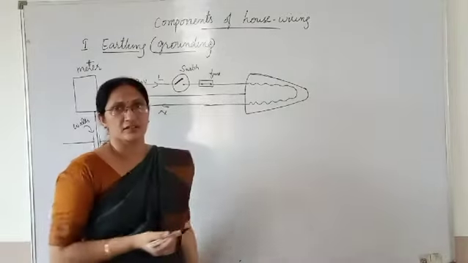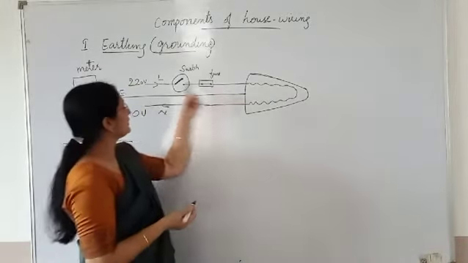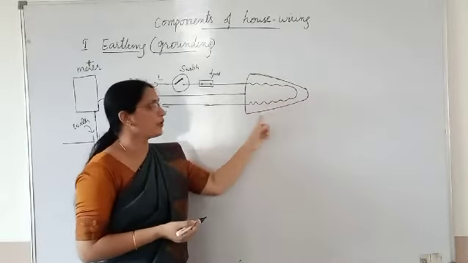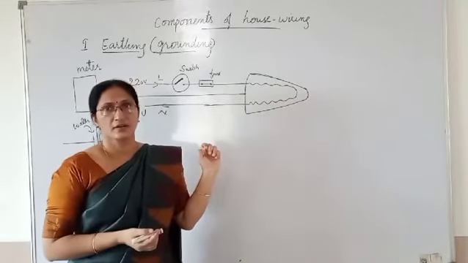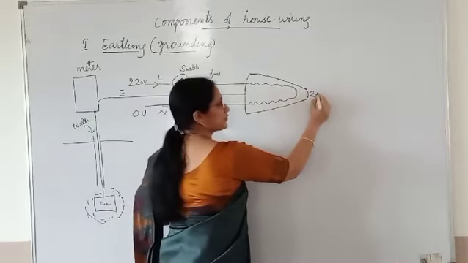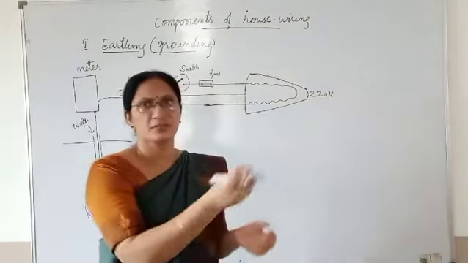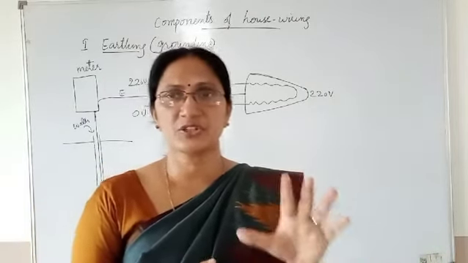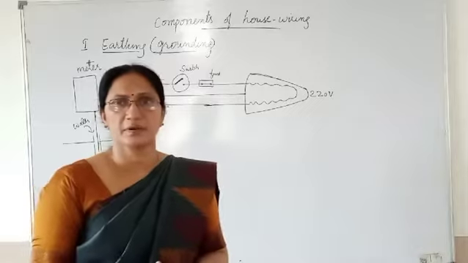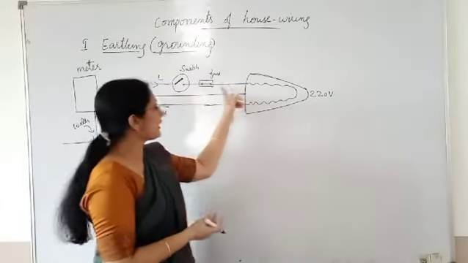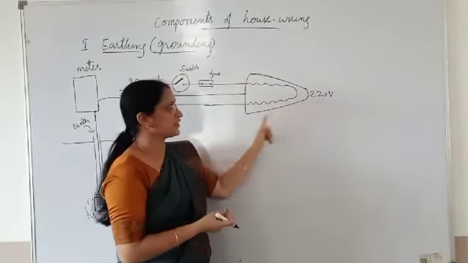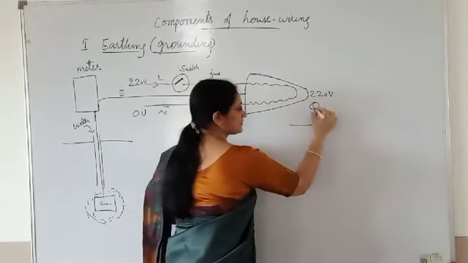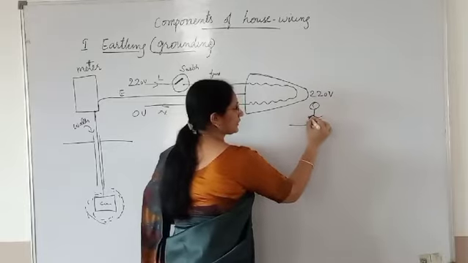Due to any reason, if this live wire, which is at 220 volt potential, comes in touch with the body of the appliance, the body of the appliance will get 220 volt potential. Just before this we have seen, due to some fault, in a faulty machine, the live wire may come in touch with the body of the appliance, and by mistake a user touches it.